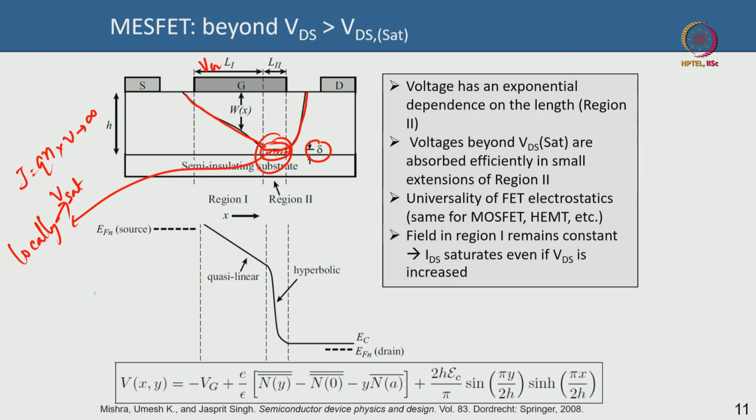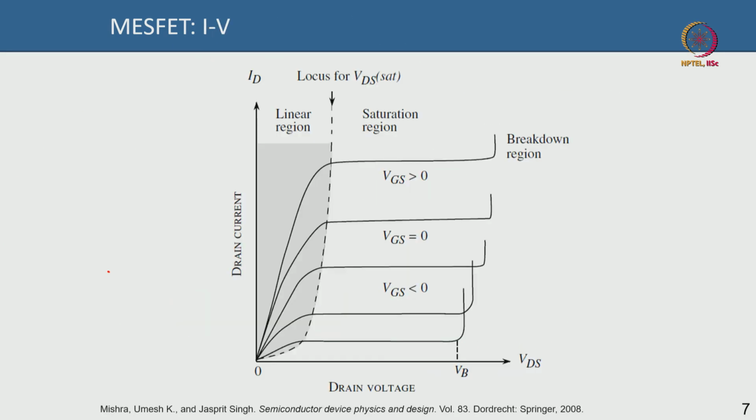So, people have done a mathematical analysis of this. We are not going to solve that, by the way, but once you hit the drain pinch off, at a sufficiently higher drain voltage, any voltage that you apply beyond the saturation voltage will actually be dropping in this part. Suppose your current is saturating, this is the saturation.